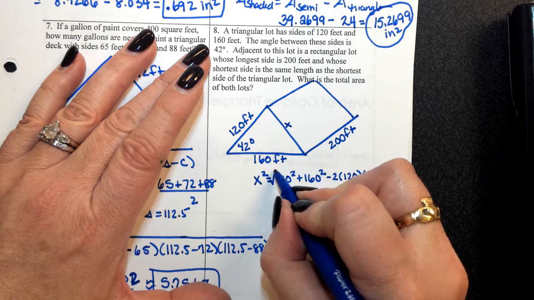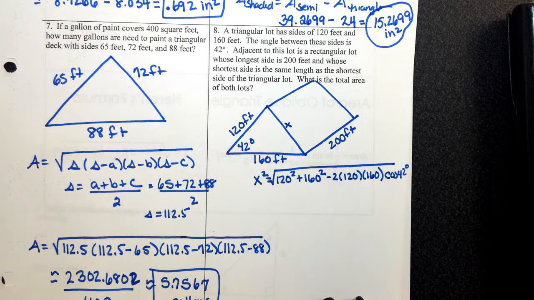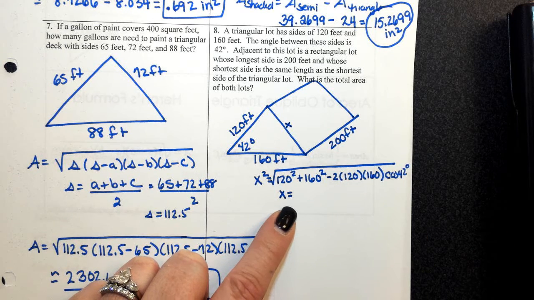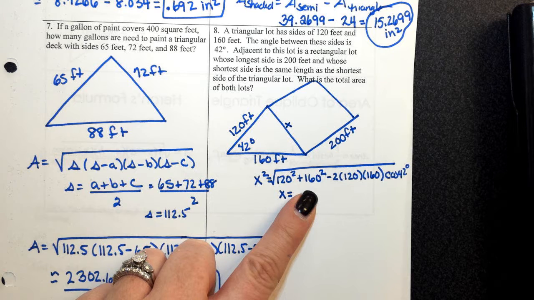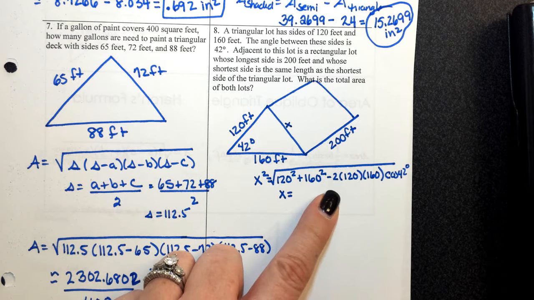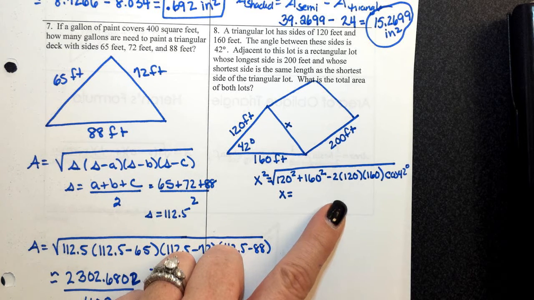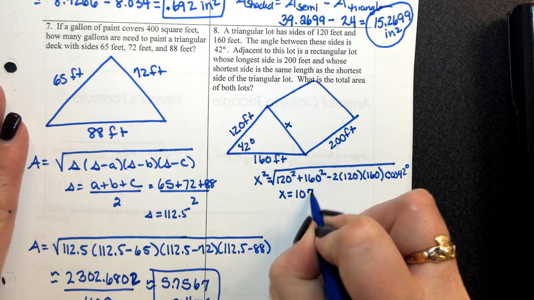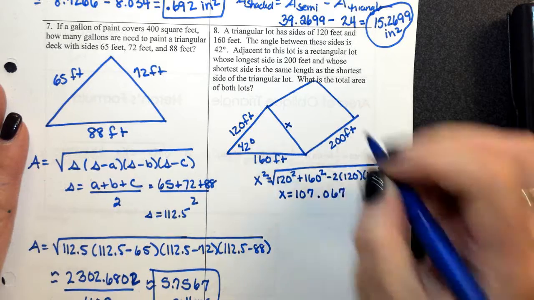And don't forget, I have to take the square root of that because I want to solve for x. So I end up with this side to be 107.067.